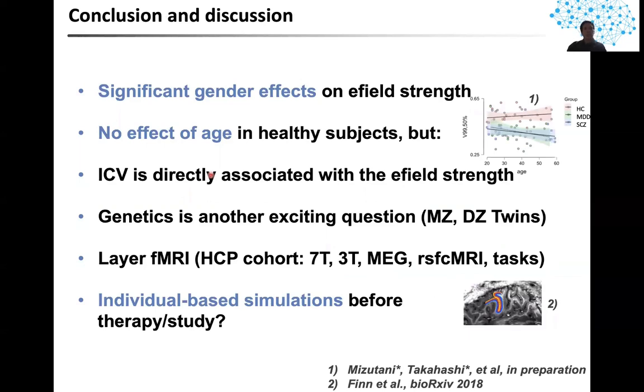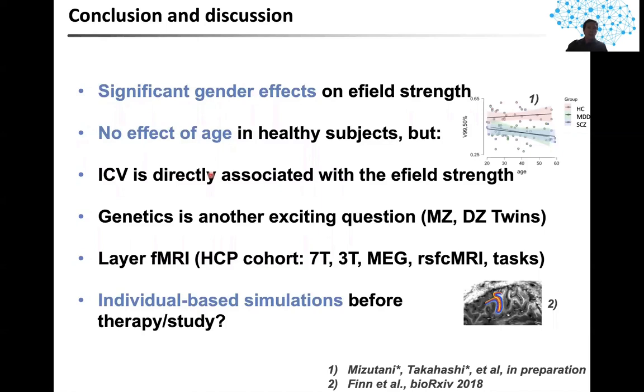We found in our study here a significant gender effect on E-field strengths. We found no effect of age in healthy subjects, but we have previously done a study by Mitsutani and Takahashi that is in preparation, where we found that for diseases like major depression and schizophrenia, there is an age effect, meaning a decline in E-fields depending on age. That was also not found for healthy subjects.